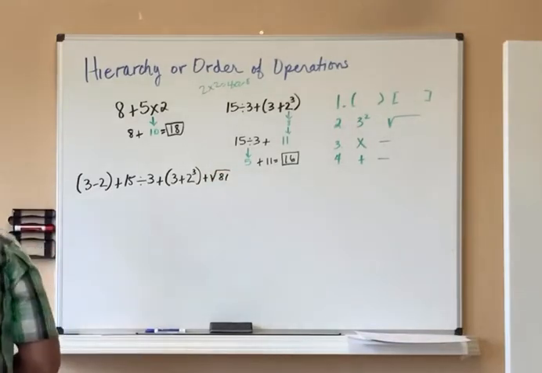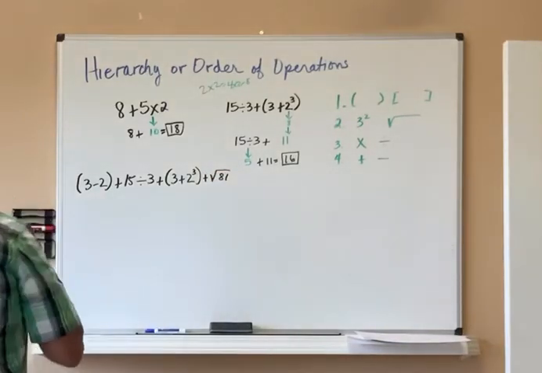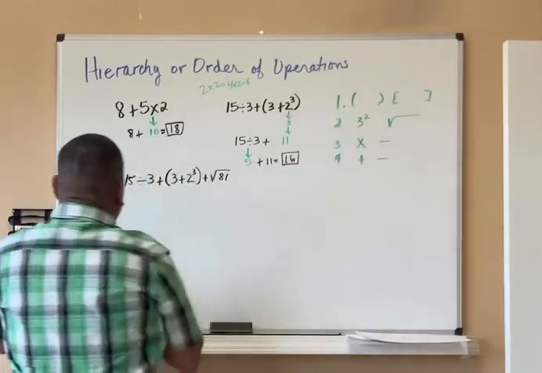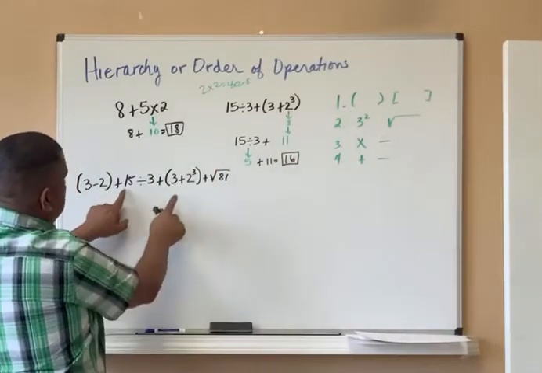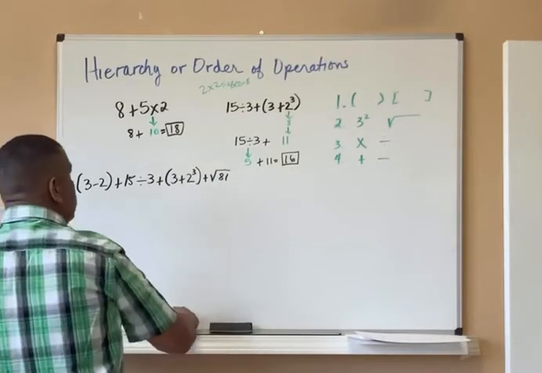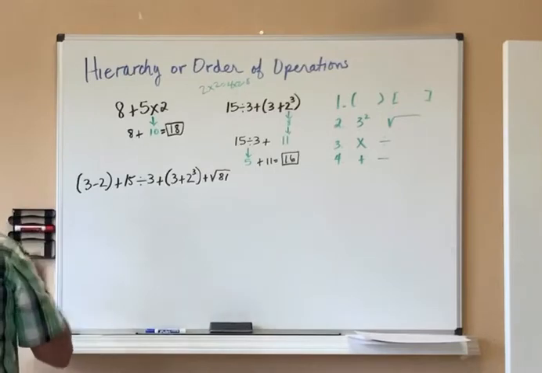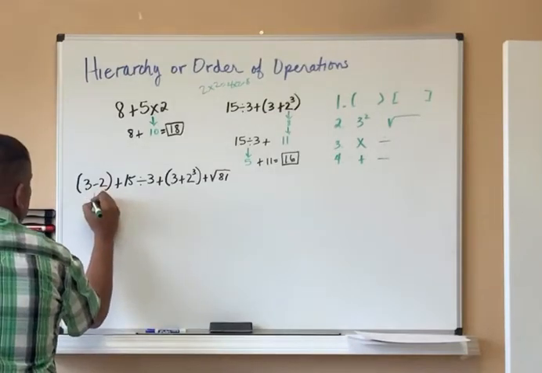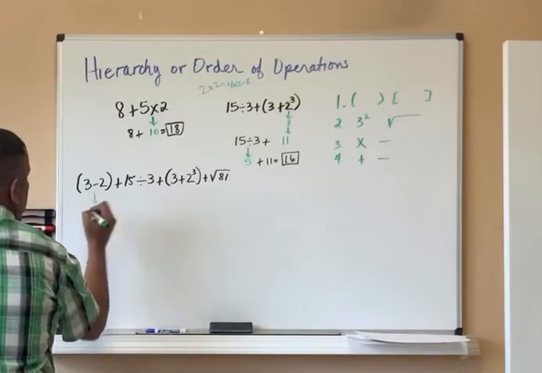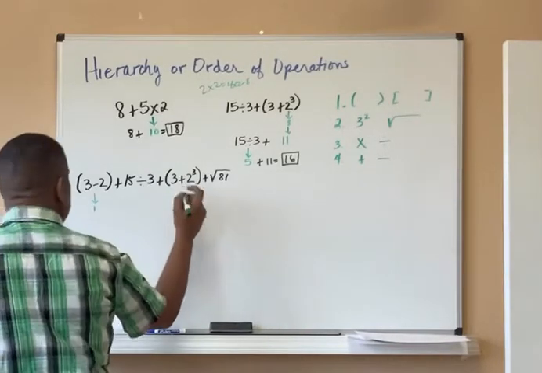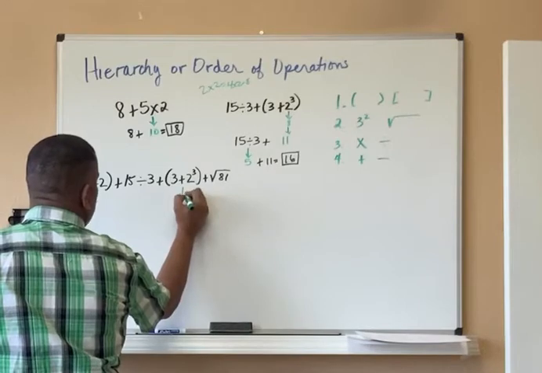This is a longer problem. Well, the first thing we're supposed to work out, the rule says, work out parentheses. Notice this problem is the same as the one up here. So if we work the parentheses first, this comes down to 1, right here. And then we work out this problem over here, and this will be what?